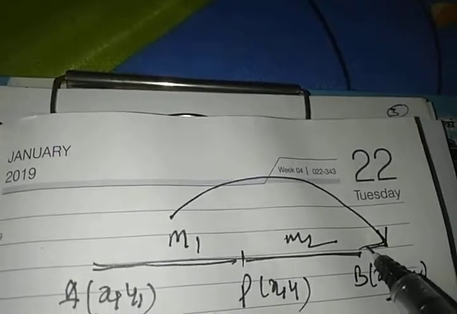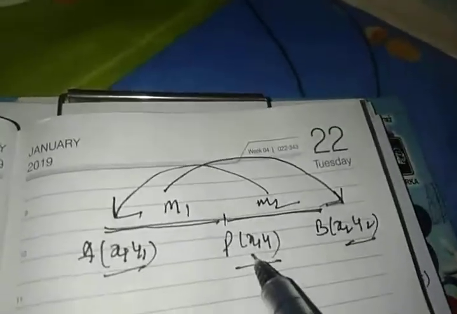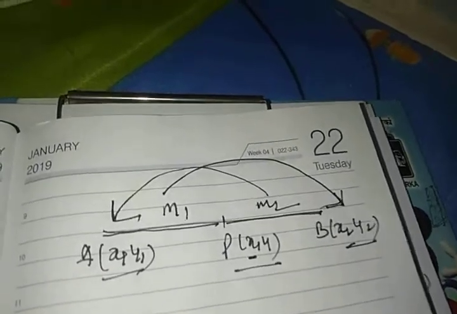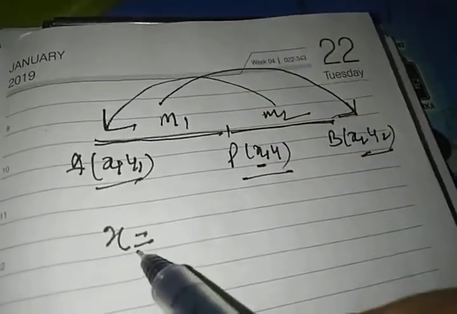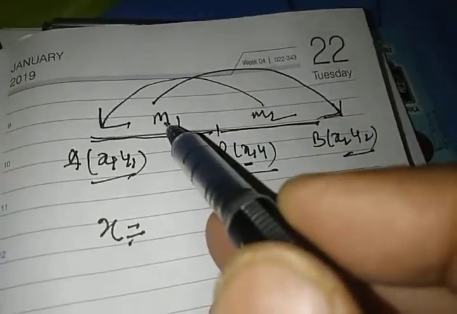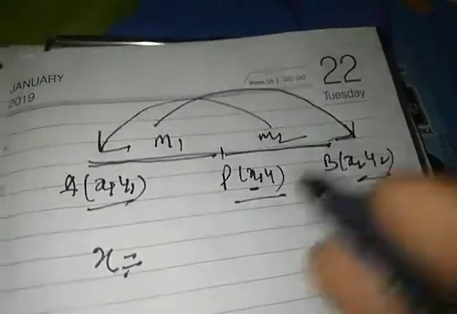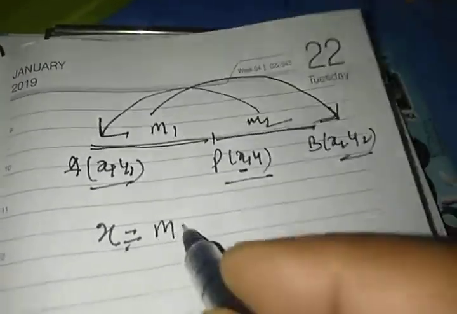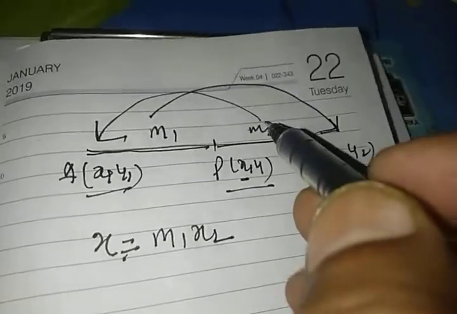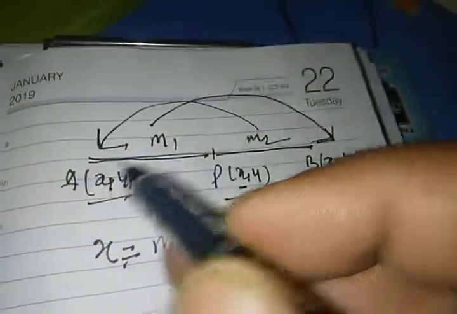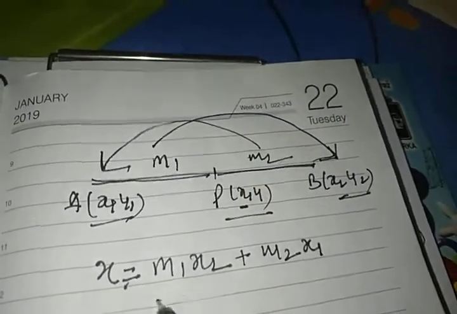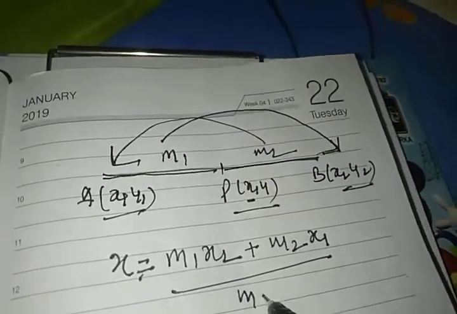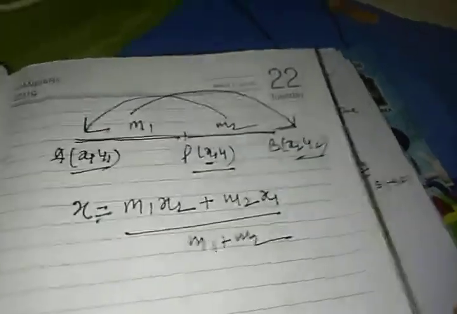To see how x is connected, the value of x will be equal to m1 multiplied by the x coordinate on this side, that is m1 x2, and m2 multiplied by the x coordinate on this side, that is m2 x1, upon m1 plus m2.